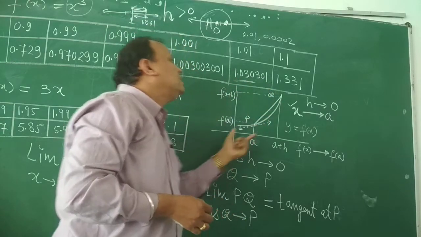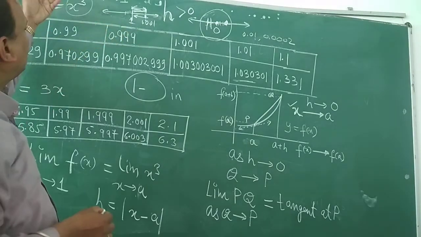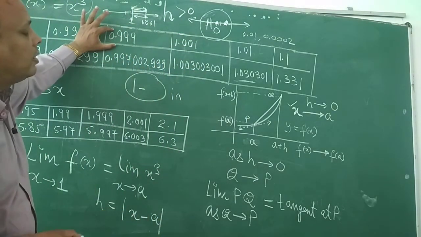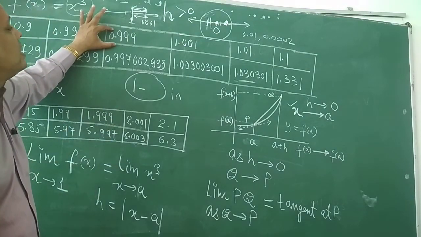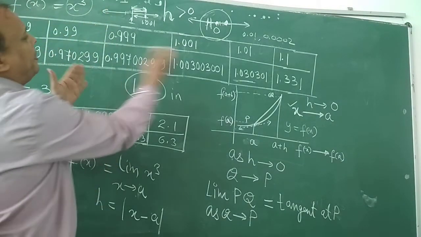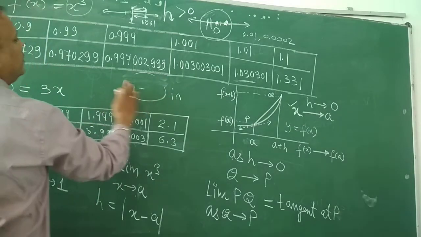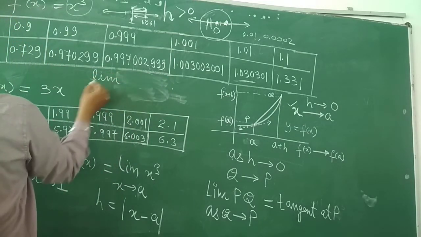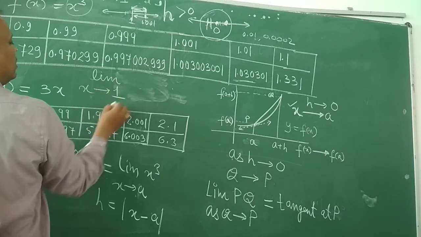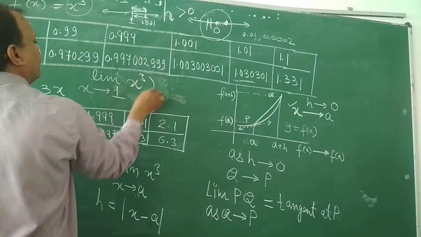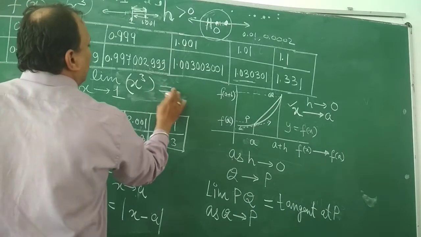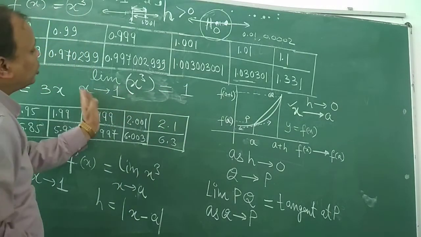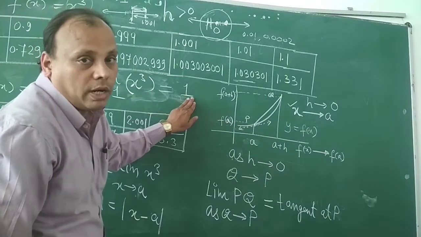When we find the higher powers of these values which are approaching 1, still we get the value 1. So to express this entire situation, we write: limit as x tends to 1, the value of f of x is becoming 1.